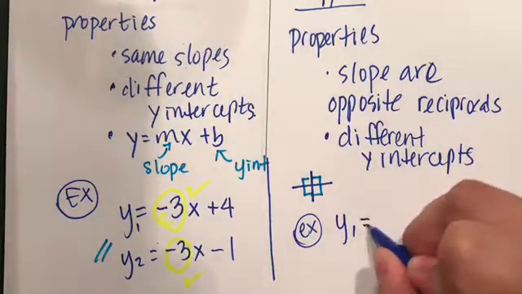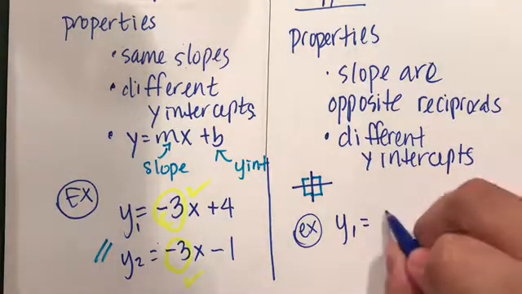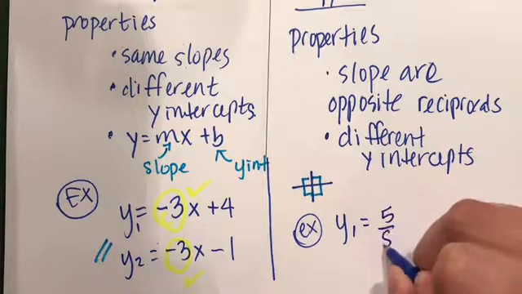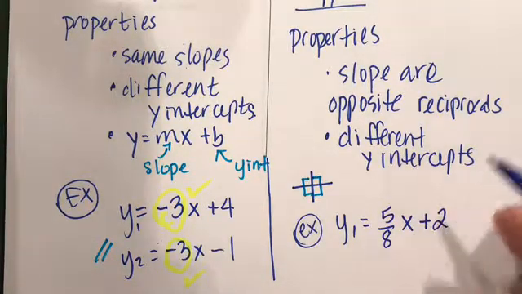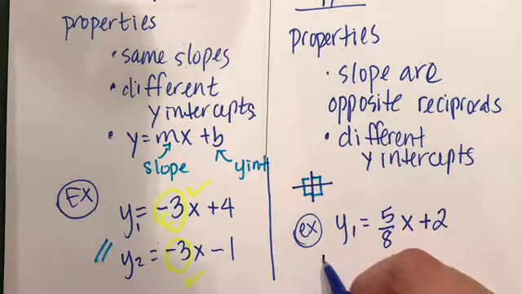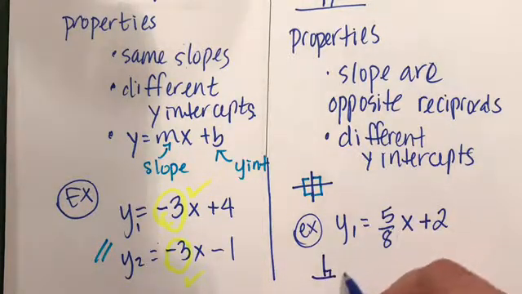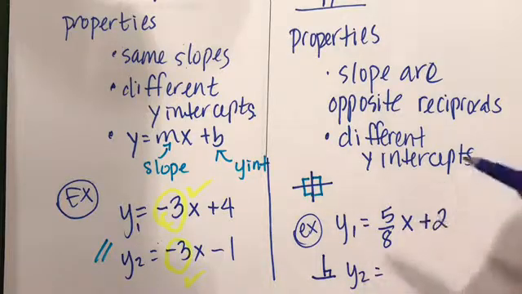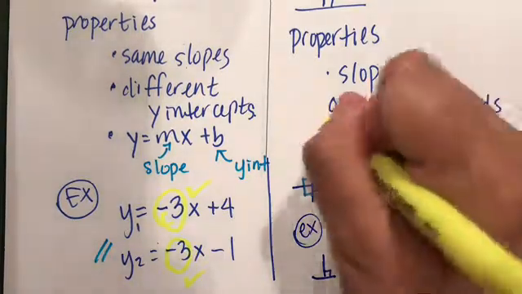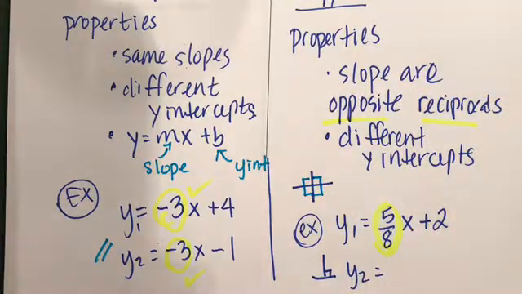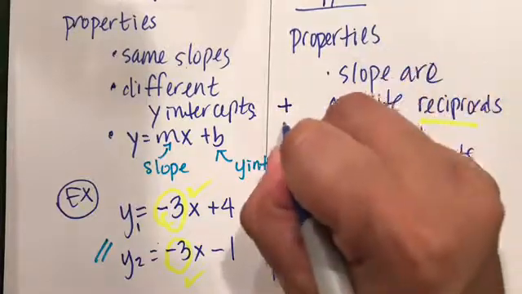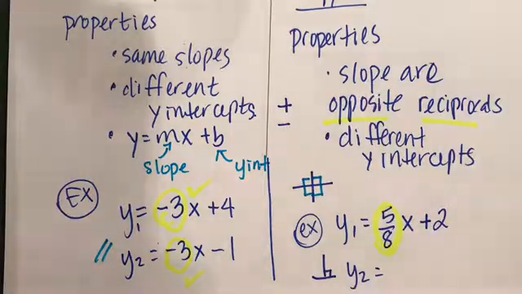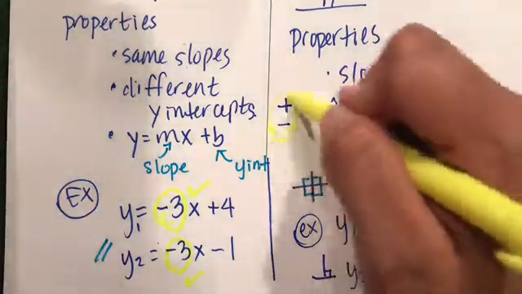So y1 is going to equal 5/8x plus 2, and for the perpendicular line y2, I want to look at the slope. So the slopes are opposite reciprocals. If I have a positive, that means I want to have a negative. So it means opposite signs.